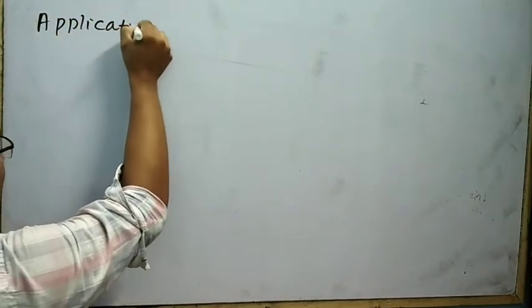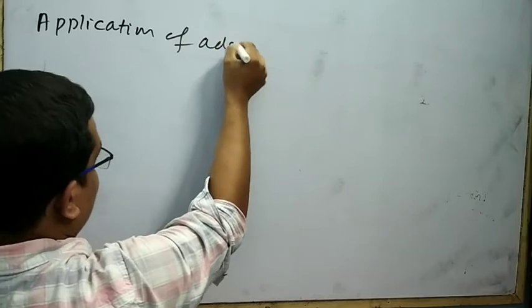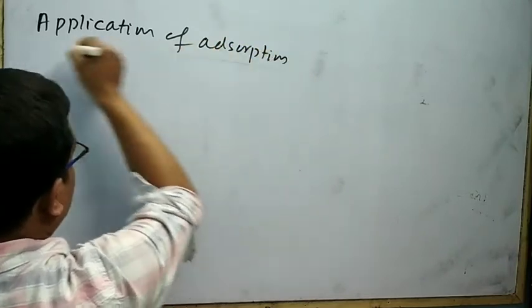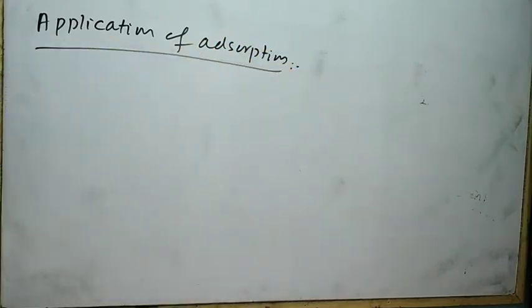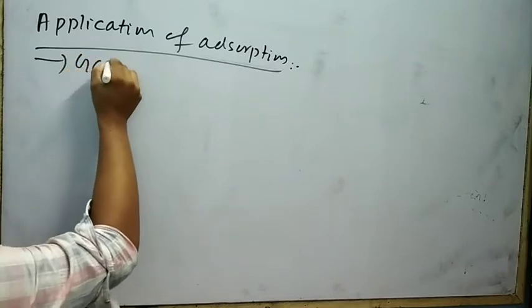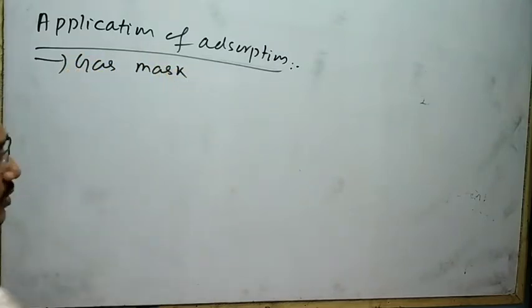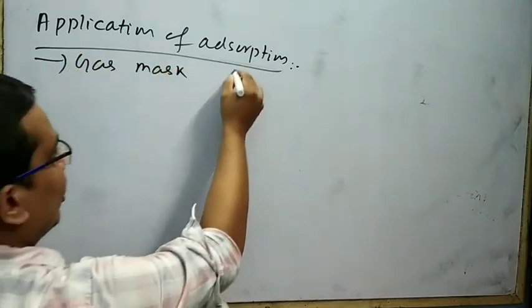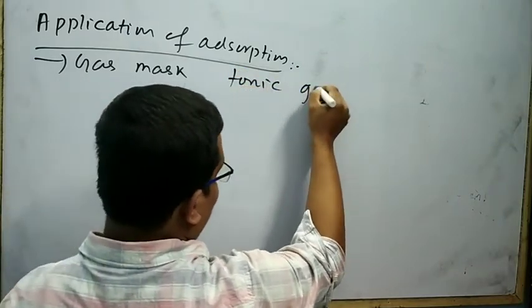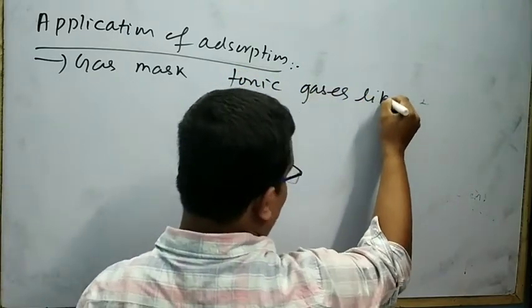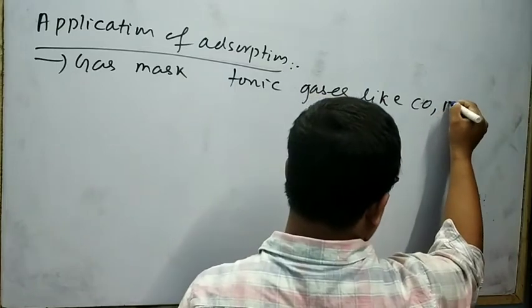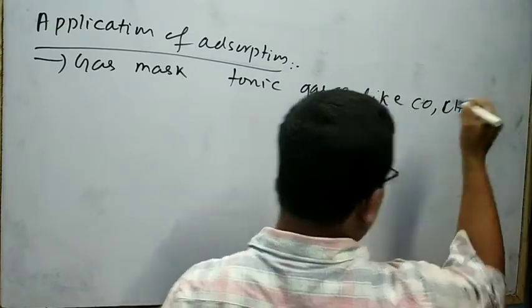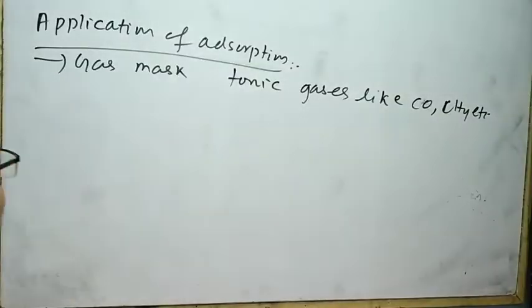Next I will explain about the applications of adsorption. First application is the gas mask, which is used to remove toxic gases like CO, CH4, etc. This is based upon adsorption.